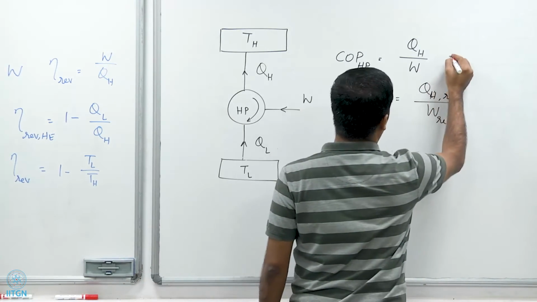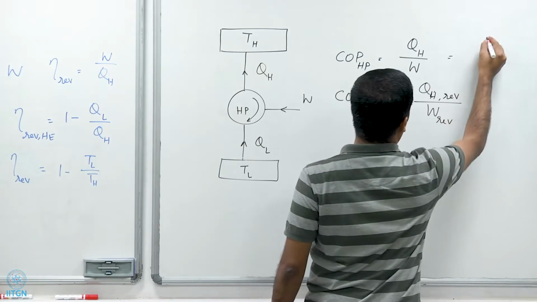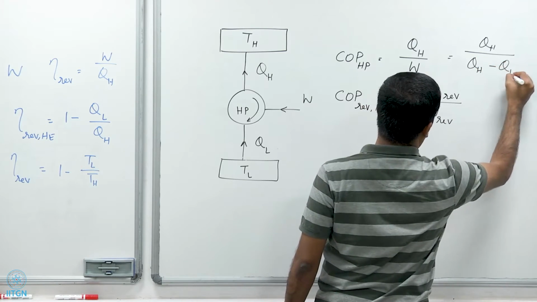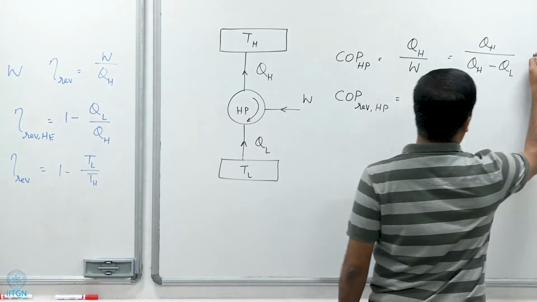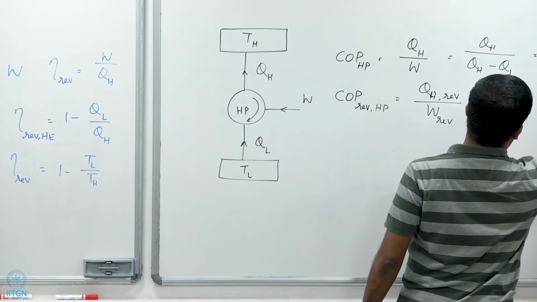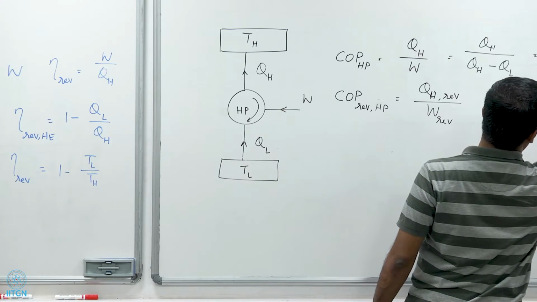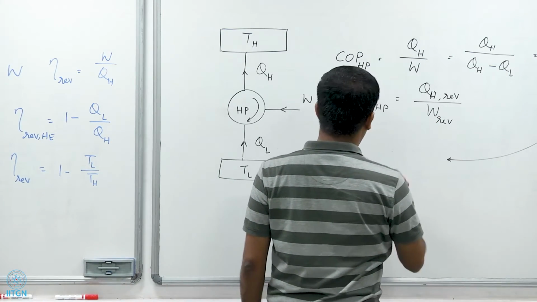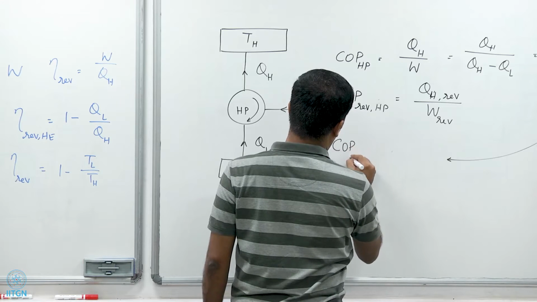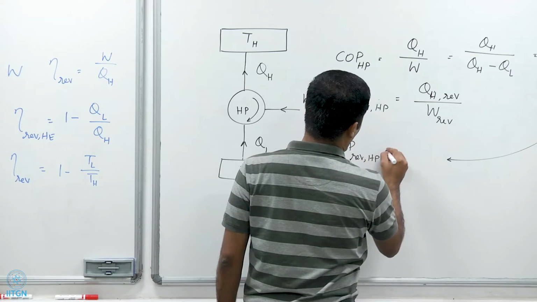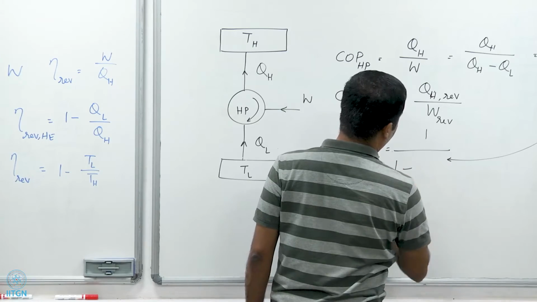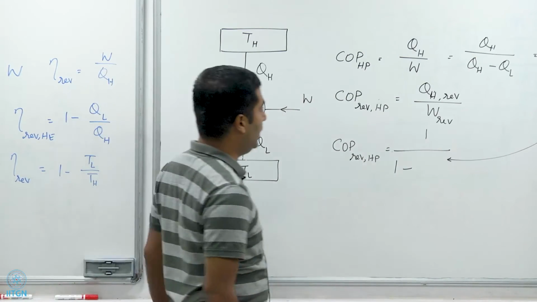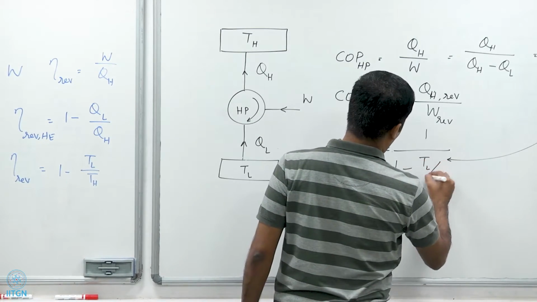Now this can also be written as QH divided by QH minus QL, right? And therefore I can write this as 1 divided by 1 minus QL by QH, right? And from here I can write the COP of a reversible heat pump as 1 divided by 1 minus, and I know QL by QH for a reversible heat pump is TL by TH. So I can substitute that with TL by TH.